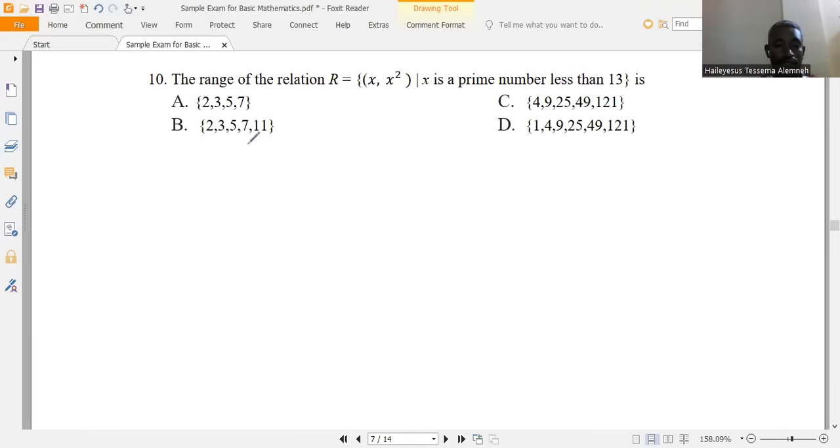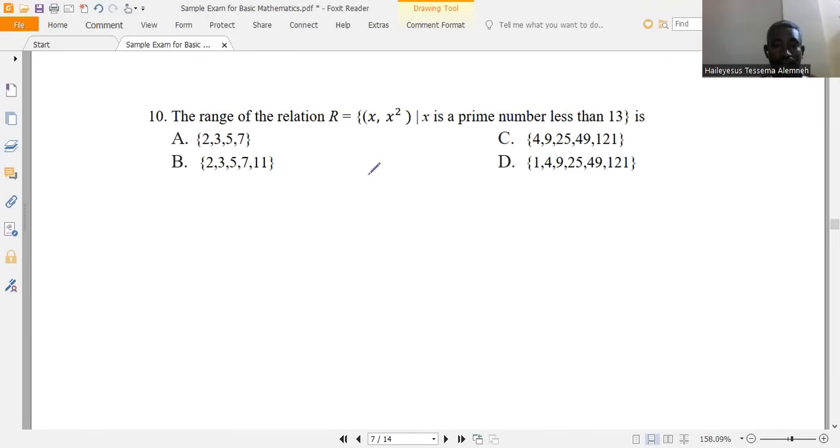The next one is the range of a relation R, x comma x squared. X is a prime number less than 30 is given. Then what's the range of the relation? The relation R is formed from the set of prime numbers to the other set, given by x squared.